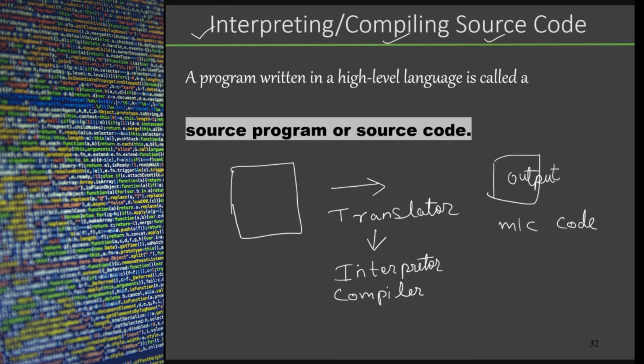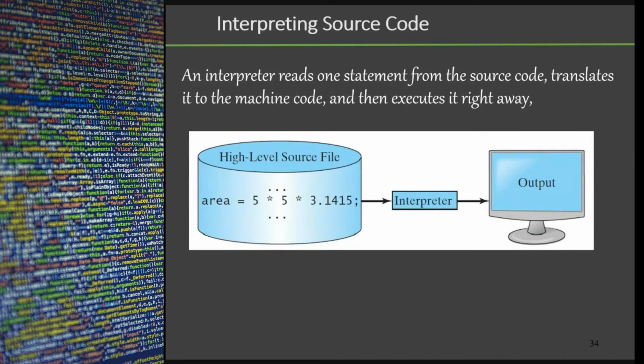When you are using an interpreter, we call it an interpreted language. If some language is using a compiler, we call those languages compiled languages. Let us try to decode this mystery of interpreted and compiled languages.